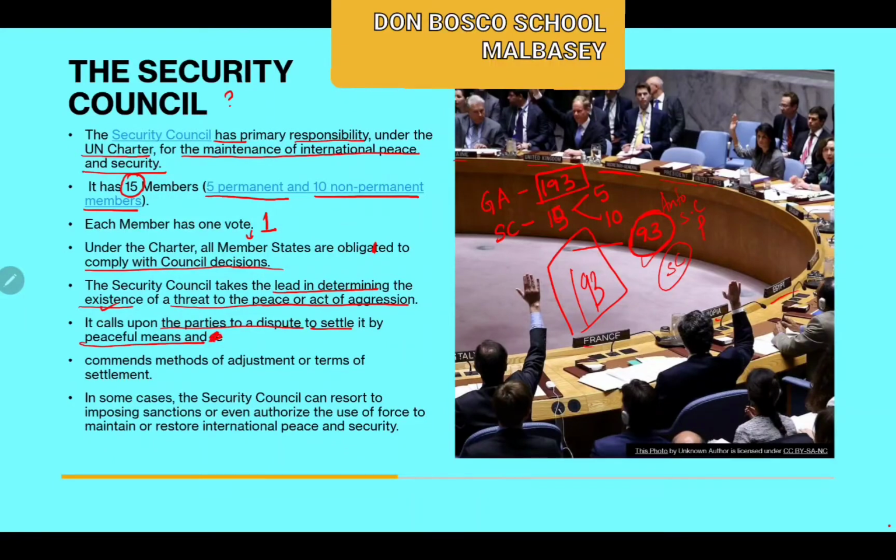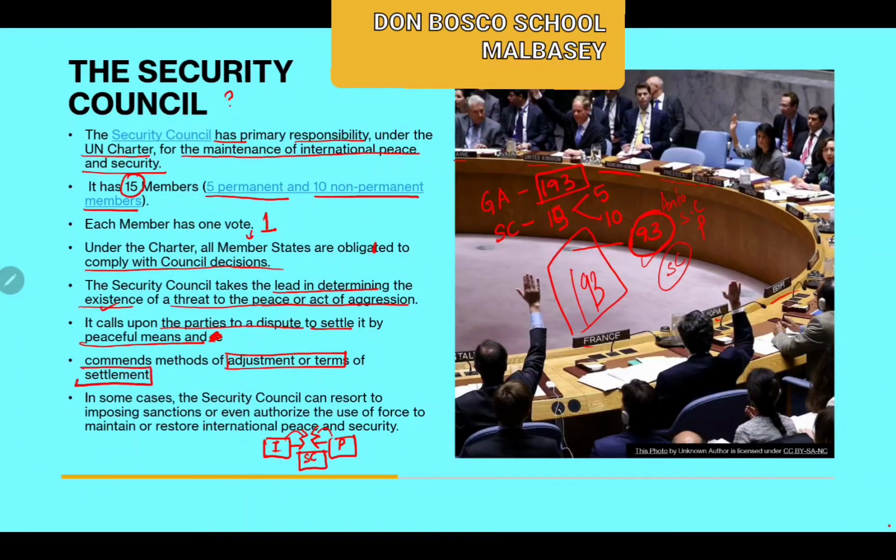If these are two countries, say India and Pakistan, they are called to the Security Council, and the president of the Security Council will say that now you have to hold a peace dialogue. So they are the ones who try to settle the dispute by a peaceful method, and it talks about the adjustment of terms of settlement.